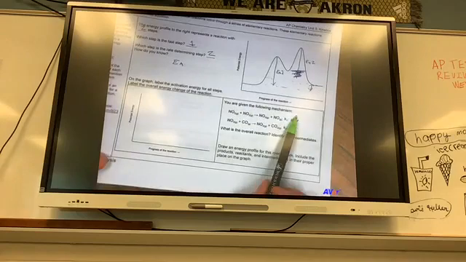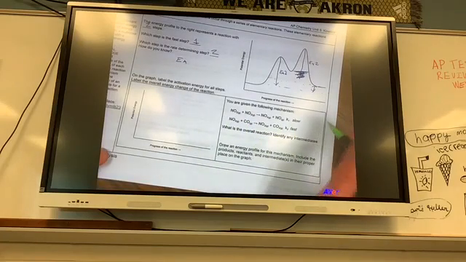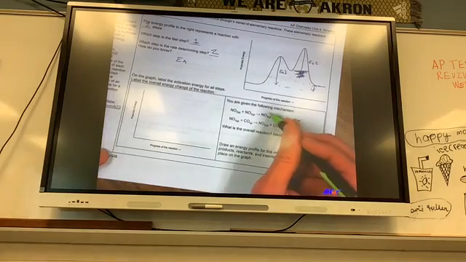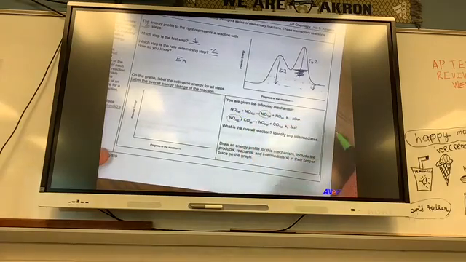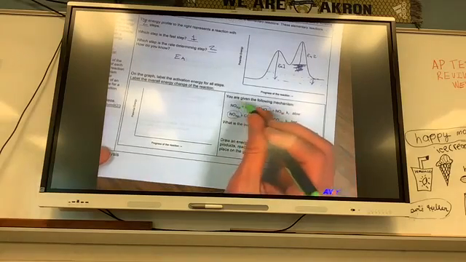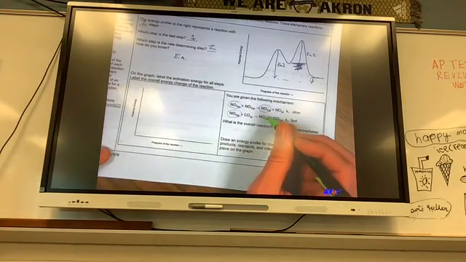You're given the following mechanism. Slow, fast. What's the overall reaction? Identify any intermediates. So, first of all, here's my slow step. This is an intermediate. So that means I also have this here canceling this here.